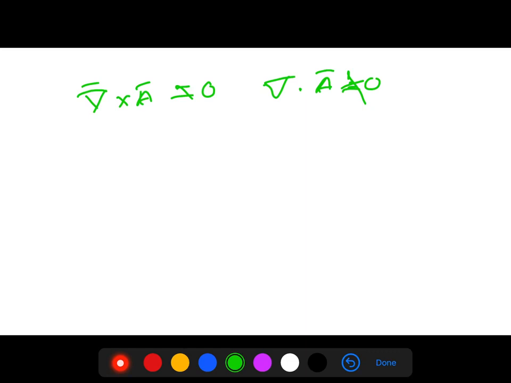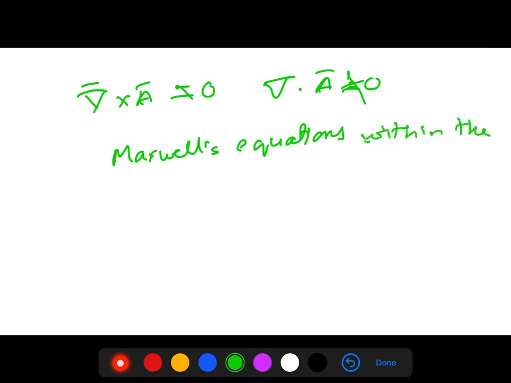In this case, Maxwell's equations within the matter are the examples. So like that we will have various types of conditions for getting the fields.